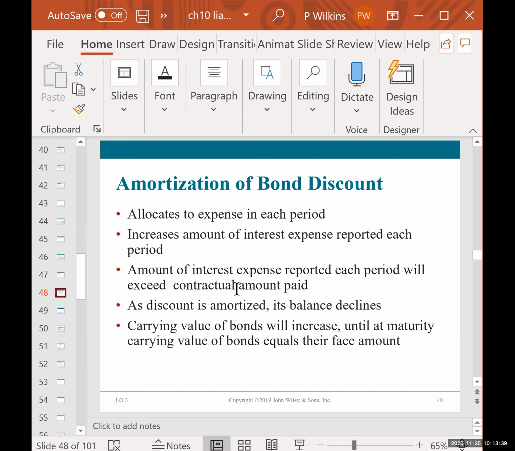Well, what you're going to do here is you're going to take the bond discount or the bond premium, and you're going to divide it by the length of the bond. So if it's a 10-year bond, you divide it by 10 years. If it's a 5-year bond, you divide it by 5 years. And then each time you do the interest, you're going to amortize that portion of the discount or that portion of the premium. So I'm going to show you how you do that here.